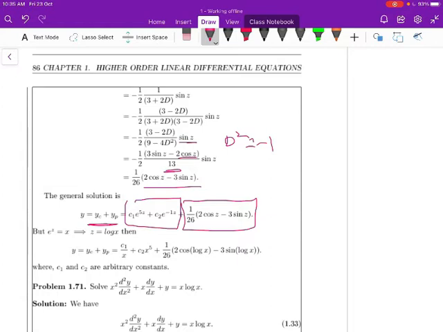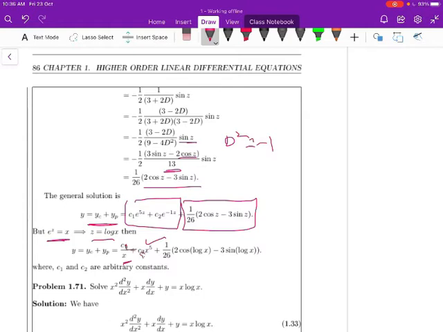Now you convert in terms of x, but you know e power z is equal to x. You have taken the transformation. So this implies z is equal to log x. Then we can write c1 into e power 5z. E power z is x. E power 5z is x power 5. That you have written. And c2 into e power minus z, that is 1 by x. That you have written.